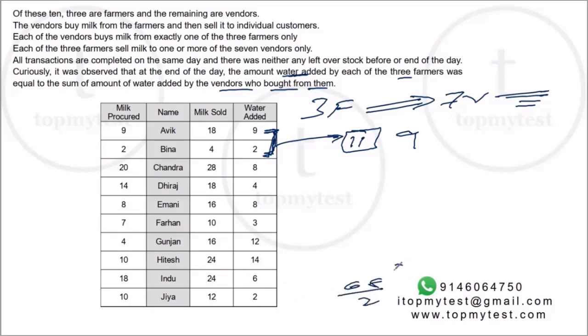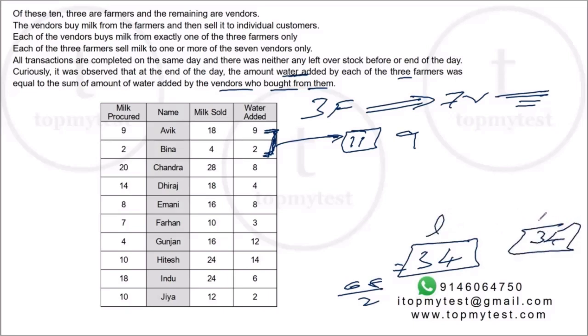Divided by 2, 34 liters is added by the farmers. This is added by the farmers, and this is added by the vendors. So between the three farmers, they added 34 liters of water.